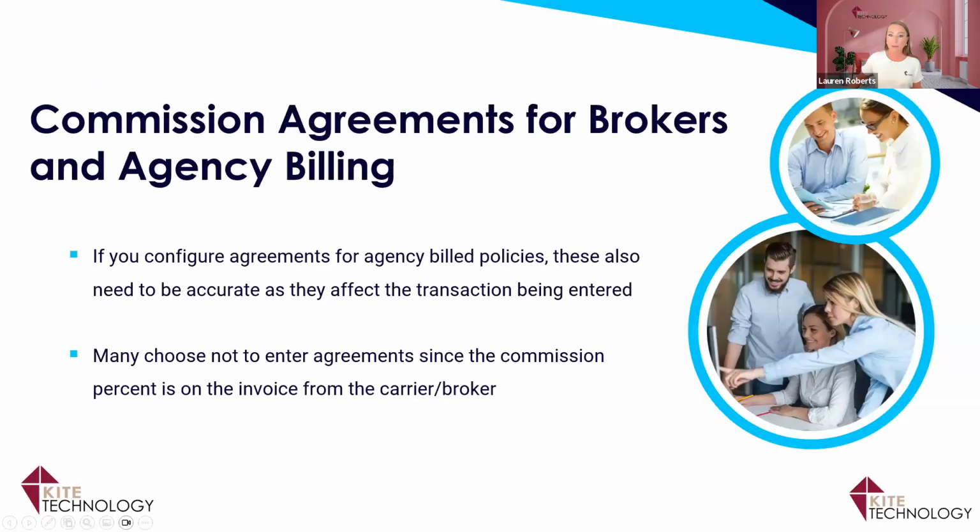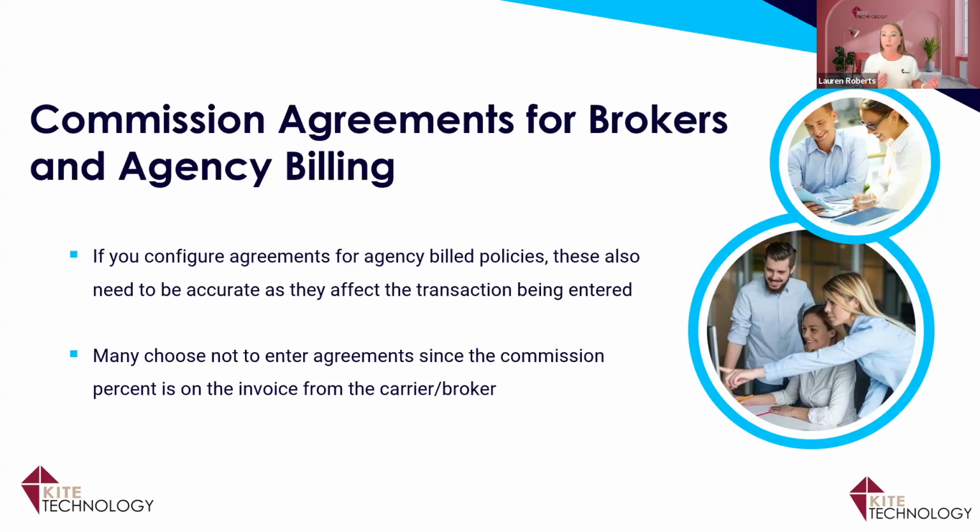All right. And I just wanted to make a note here. I know I said it earlier, but I have to reiterate, you may not want to configure commission agreements for your agency bill stuff or for your brokers because that information has to be correct. In order for that agency bill transaction to be correct, because the transaction that you enter in is pulling from your policy.